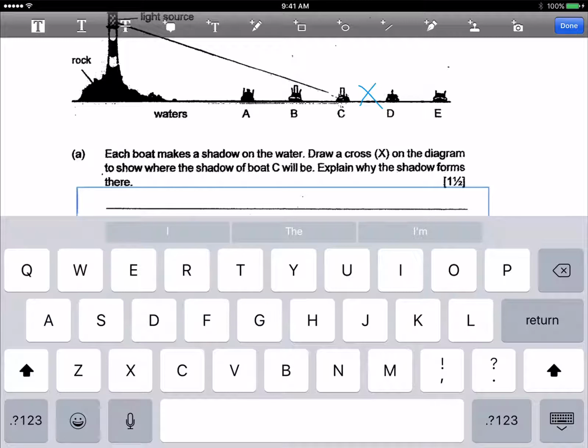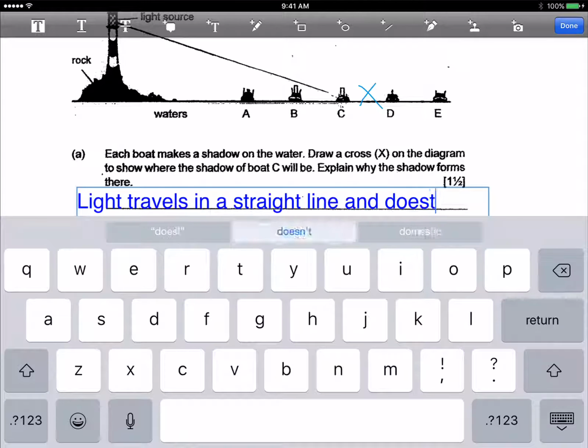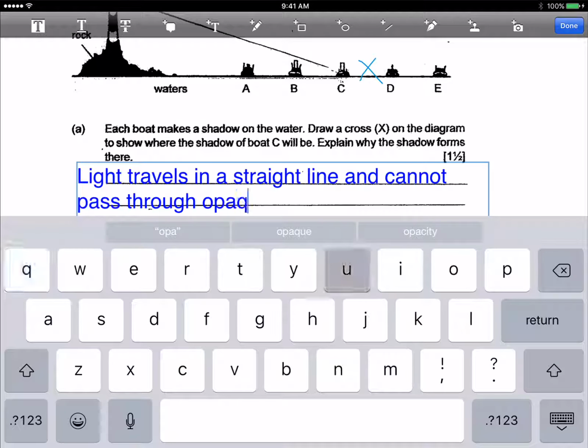Okay, so we write down: light travels in a straight line and cannot pass through opaque objects.